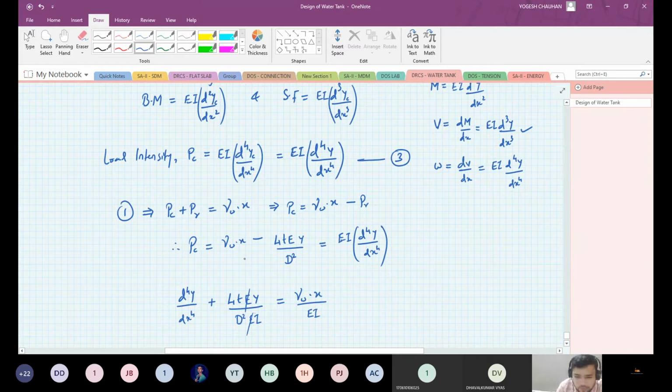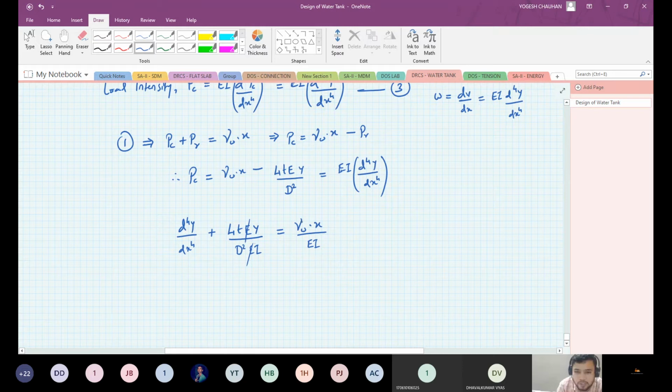For simplicity, let us write gamma w as w, meaning any liquid, whether it is water or anything else. Or you can write this as d raised to the power 4 y by dx raised to the power 4 plus 4t by I d square times y is equal to gamma times x by EI.